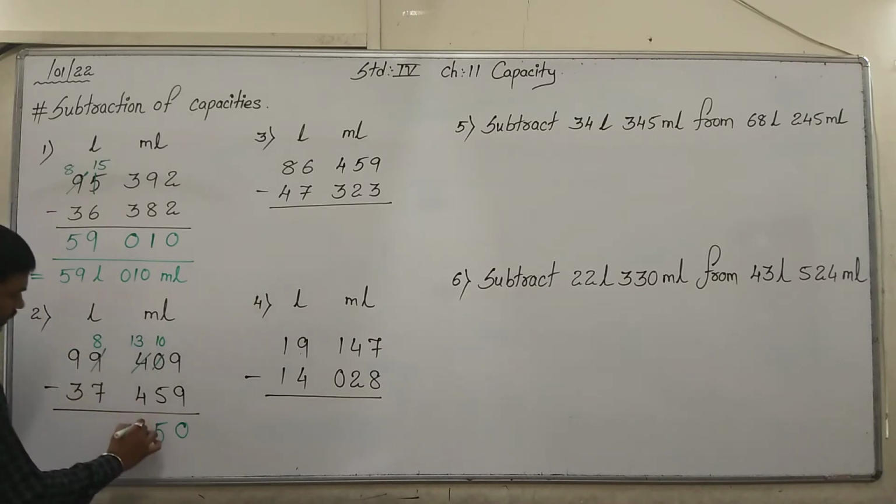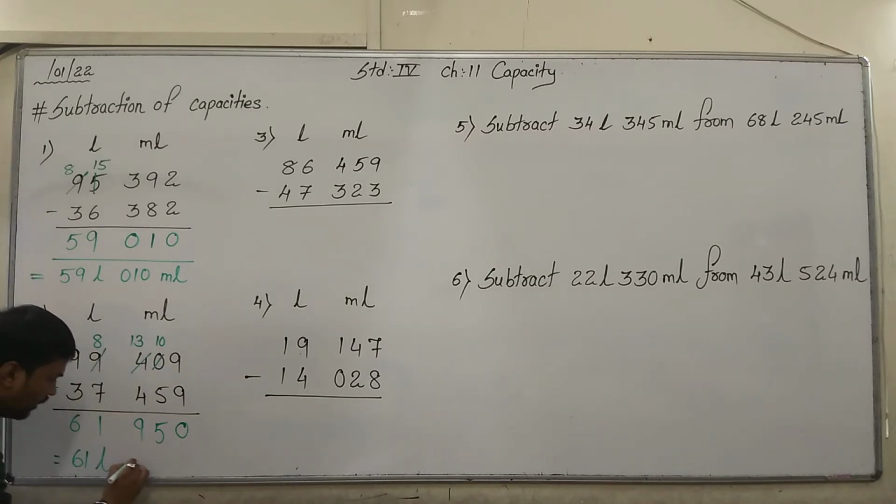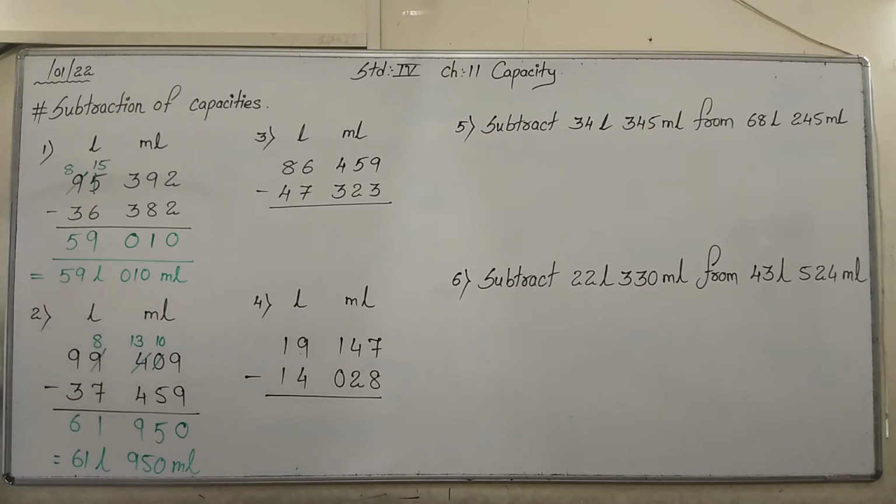So 13 minus 4 will be 9. 8 minus 7 will be 1, and 9 minus 3 will be 6. So that will be 61 liters 950 milliliters. Right? Again it is an easy one. Are you getting me? Next one.